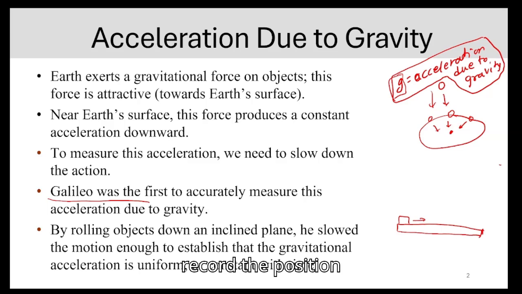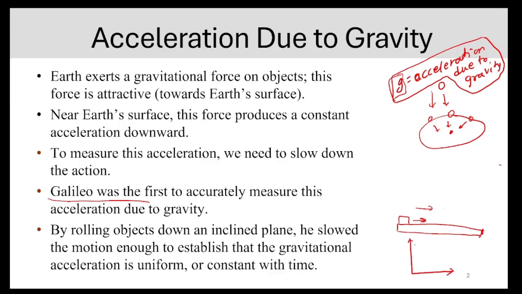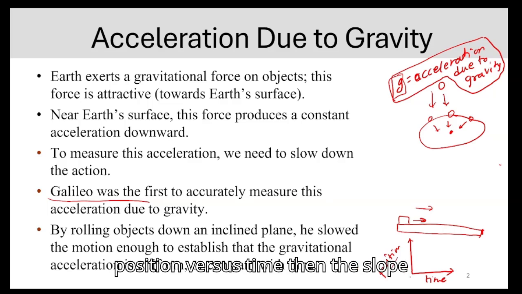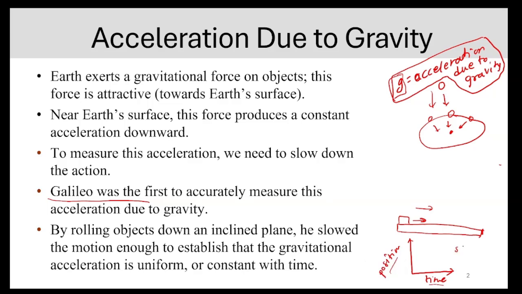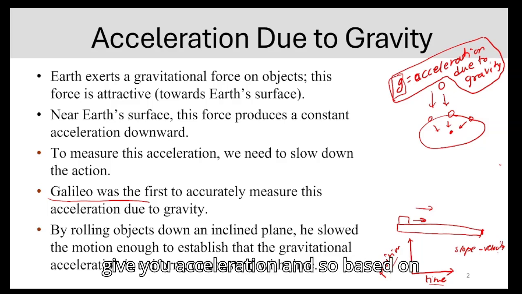if you record the position of this object over time, then you can create a plot of position and time, and if you know the position versus time, then the slope will give you velocity, and the slope of the velocity versus time plot will give you acceleration.